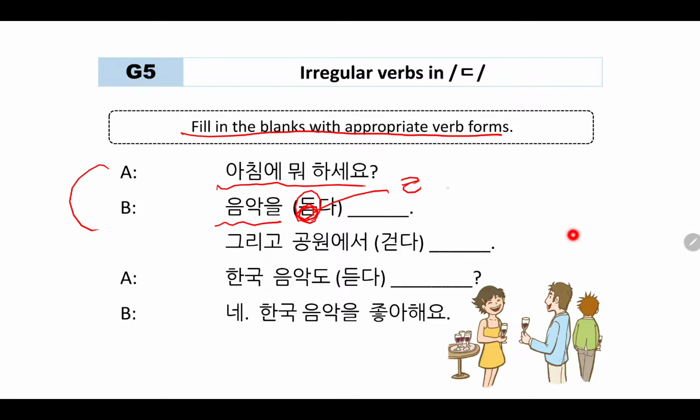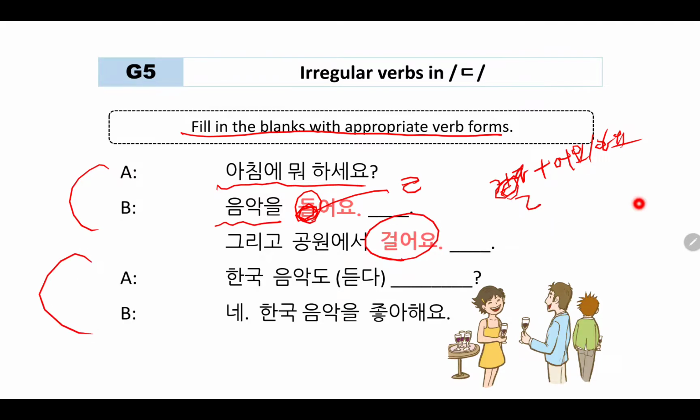So you say 들어요, right? 그리고 공원에서 걷다 plus 어요, 아요. How would you say this? 디귿 받침 becomes 리을, so 걸어요.